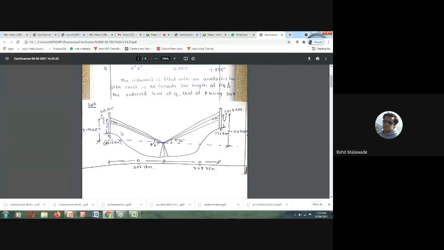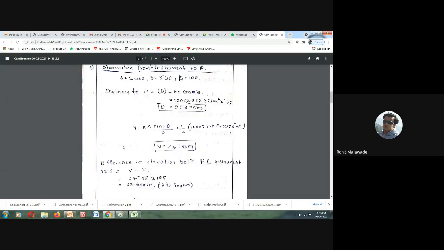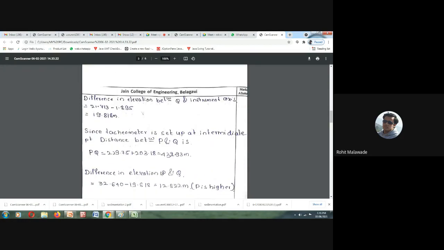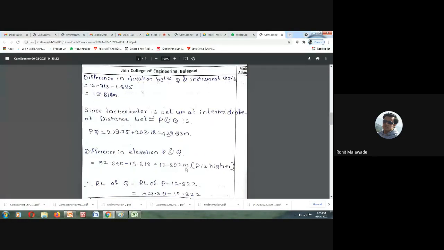If we do that, we are going to get the difference between the elevation of P and Q. We are going to get it as 12.822 meters, where P is higher, because RL value of P is 32 and RL of Q is 19. Okay, so P is higher.